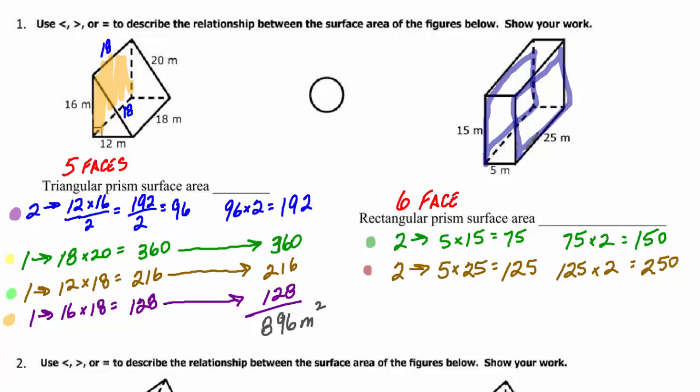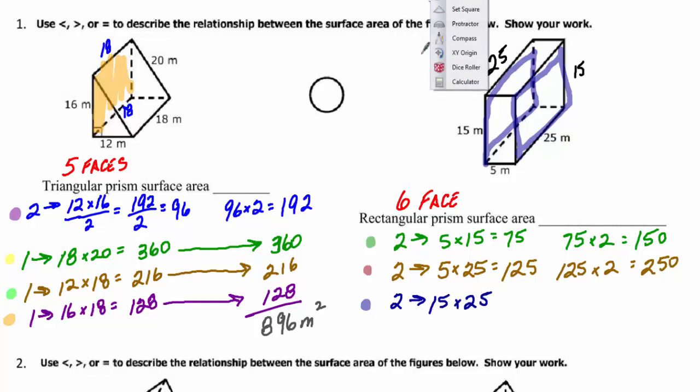I can see this 25 on the bottom also becomes a 25 right there. Or another way to look at it, that 15 becomes a 15 right here. However you want to see it, I have 2 faces. Two faces that are each 15 by 25.